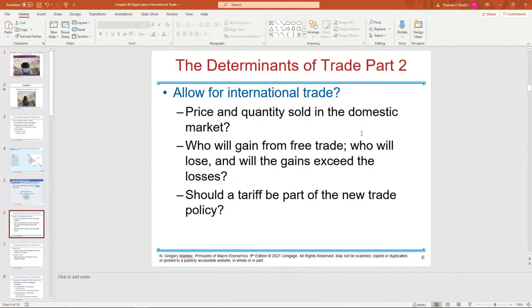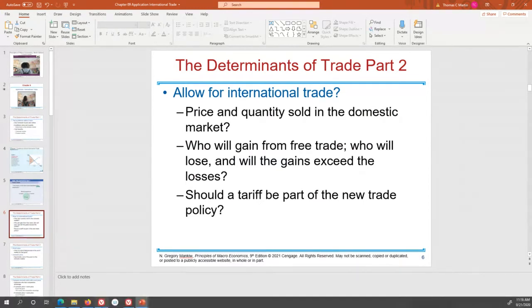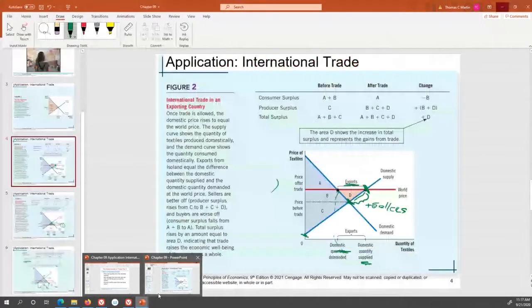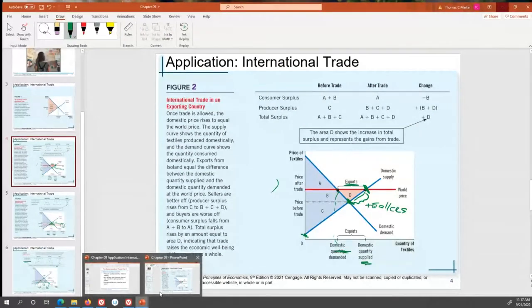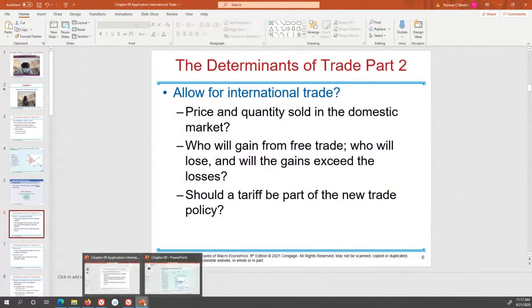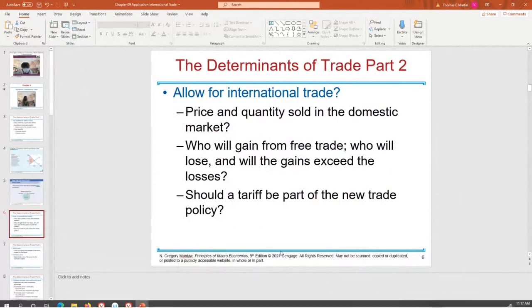Just remember, if the world price is high, the number of units demanded will be reduced in the domestic marketplace. And we saw that with this graph here. The domestic quantity demanded will fall. Now, the domestic quantity supplied will increase because businesses are going to take care of that additional need at that higher price.